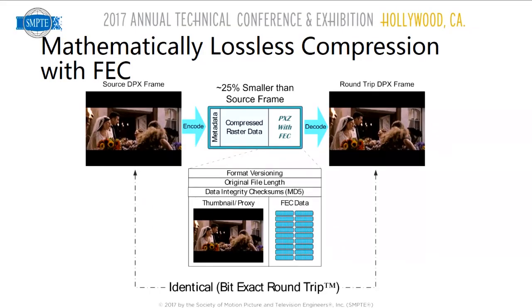So is there an alternative to that? For these full resolution images that I'm talking about, whether it be camera raw or these digital intermediate file formats, these things that you're going to stick away for a 100-year archive, well, if you can combine mathematically lossless compression with that forward error correction, you can take that original image and shrink it using mathematically lossless image compression.